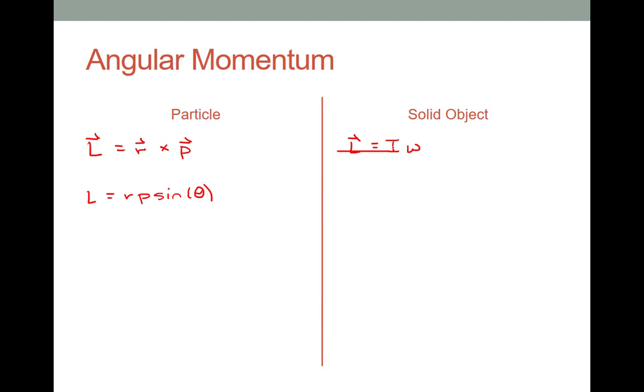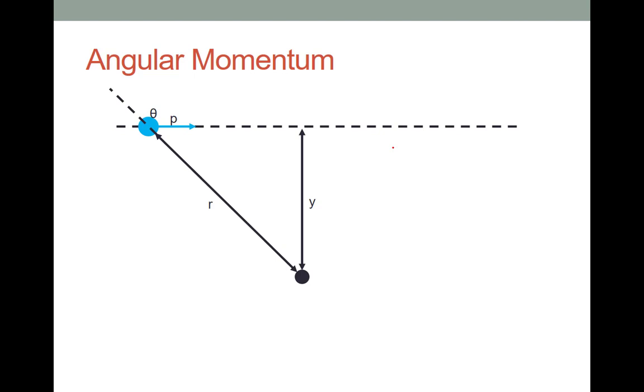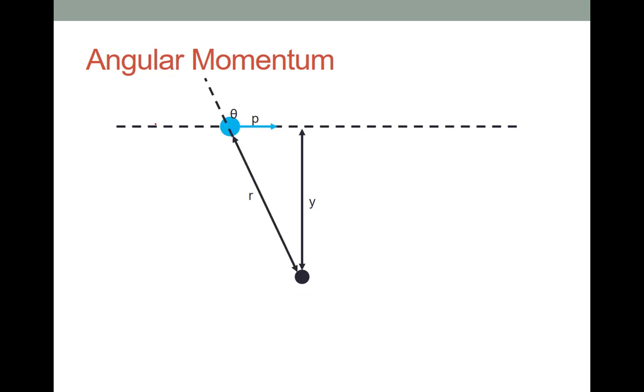First off, let's consider a particle. A particle moving along a line that is a distance y from the observation point. As it moves, the angle theta changes.